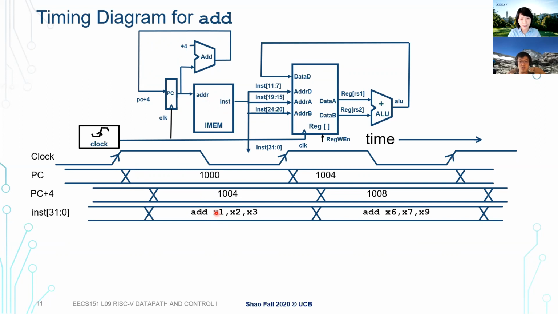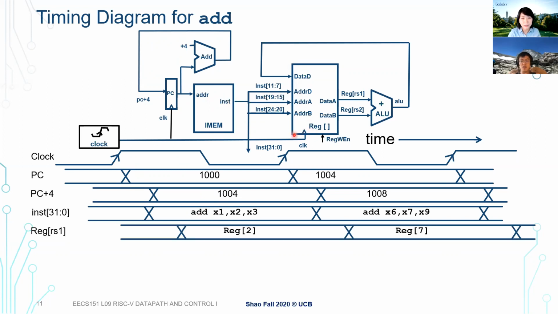With this add instruction, we can separate it into its different fields to access our register file. X1 is our destination, X2 is our RS1, the first source register, and X3 is our second source register.